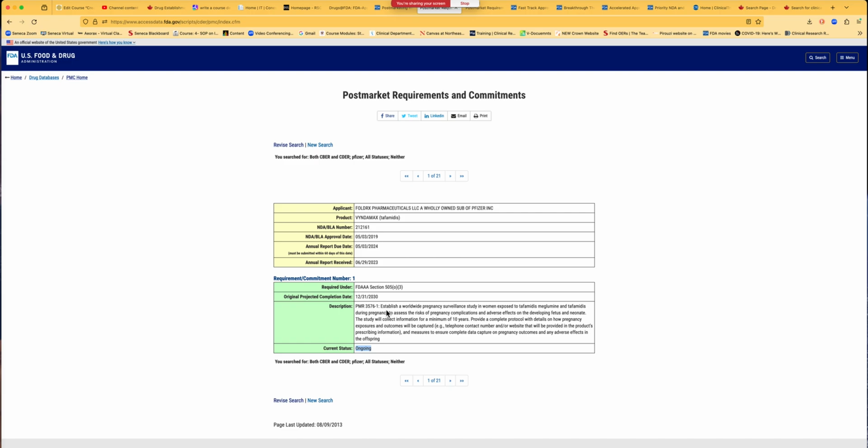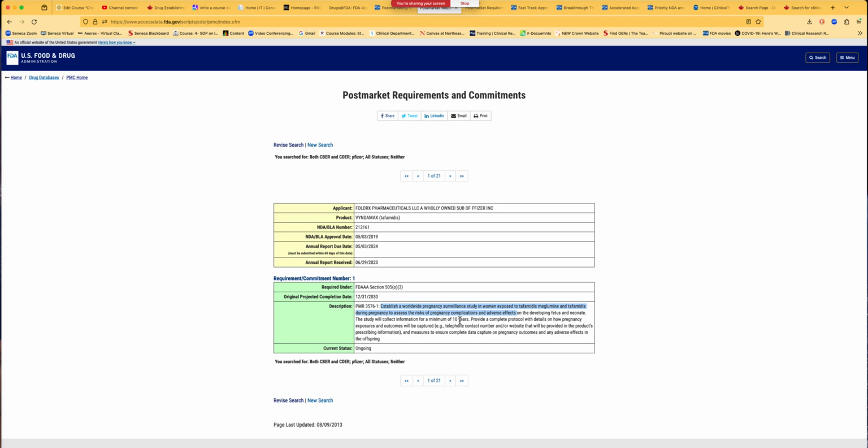This is to establish a worldwide pregnancy surveillance study in women exposed to this drug during pregnancy to assess the risks of pregnancy complications and adverse effects. Very interesting and very sensitive topic because we are dealing with a pregnant population. But as you see, this is one of the study commitments.